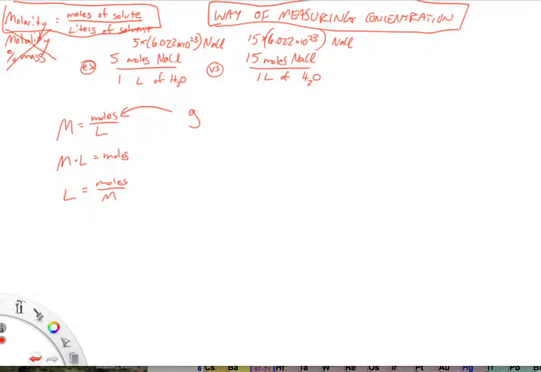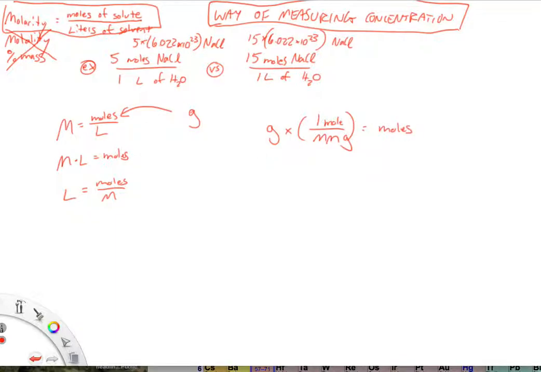The little wrinkle in these problems is that I want to use grams with these equations. So how do you go from grams into moles? Grams of anything times 1 mole over the molar mass in grams will give you moles.